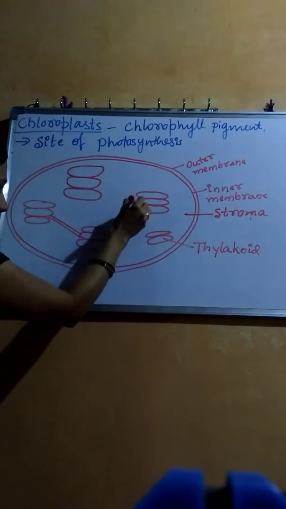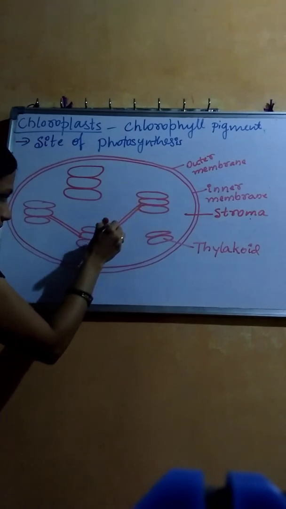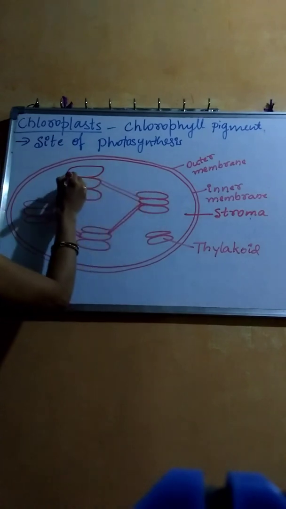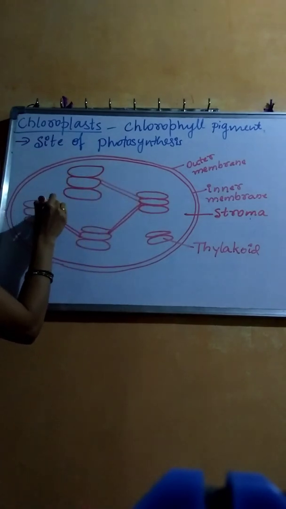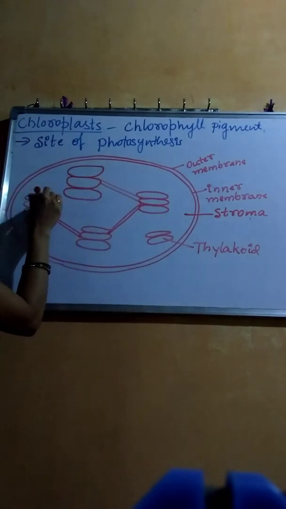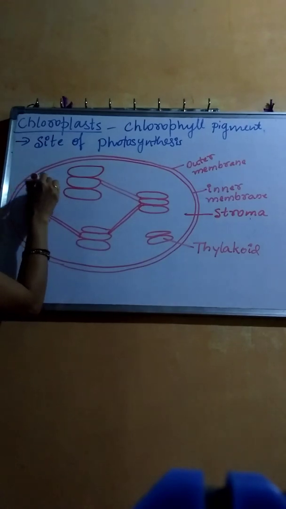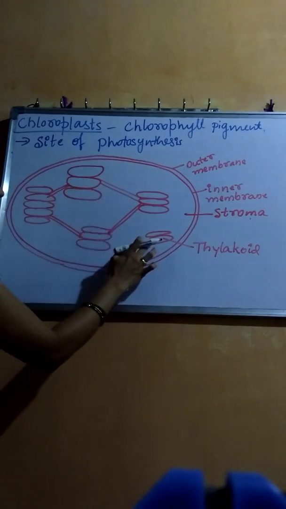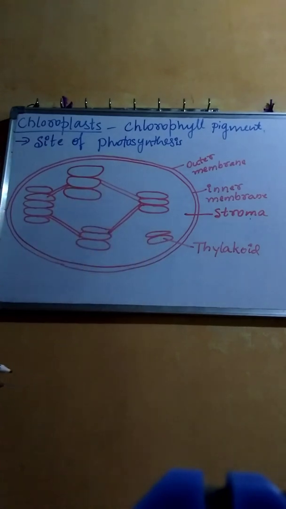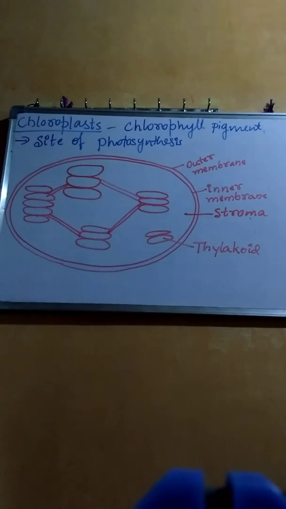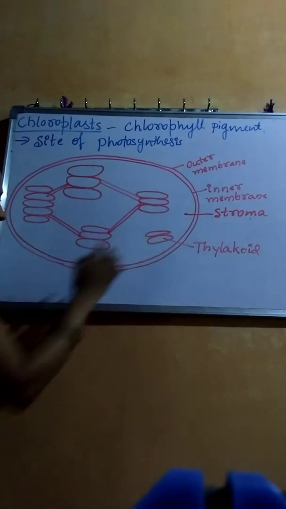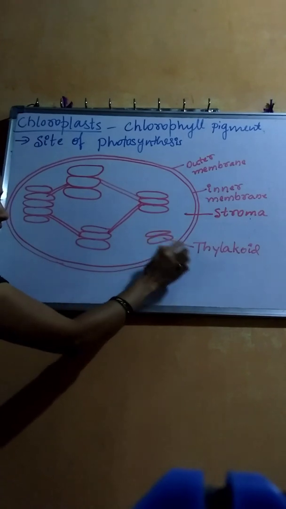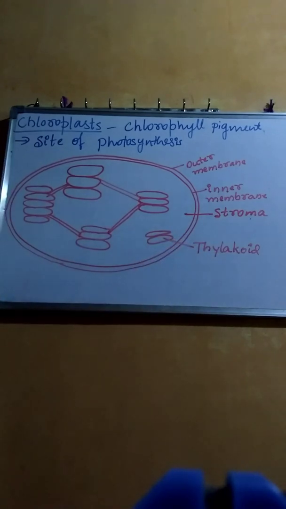The thylakoid of one grana is connected to the thylakoid of another grana, like this. This is a flattened sac present in the stroma of the chloroplast, and that membrane bound flattened sac is called a thylakoid.